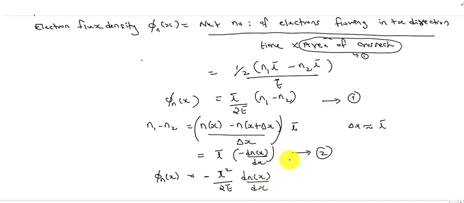So this is the electron flux density. So we obtained phi n of x as minus L bar square by 2 T bar into dn of x by dx.